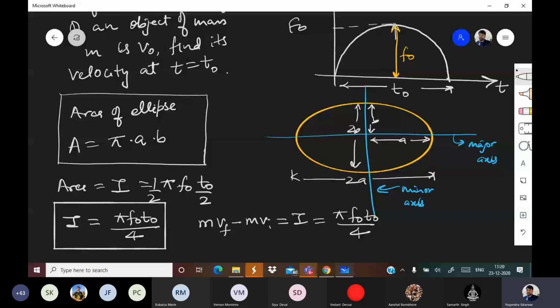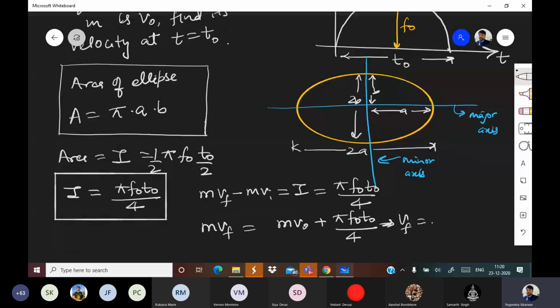So v final is equal to v naught plus pi F naught T naught upon 4m. This is the answer.